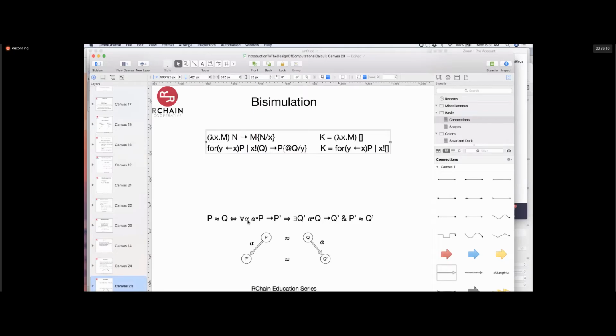Think about the old adage: if it looks like a duck, quacks like a duck, walks like a duck, and swims like a duck, then it's probably a duck. That's the same philosophy as bisimulation, with each different kind of observation: looking like, walking like, quacking like.